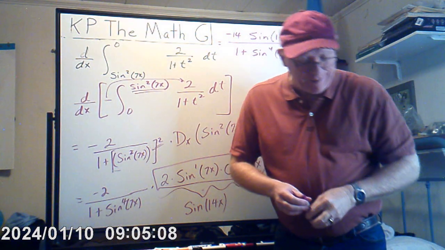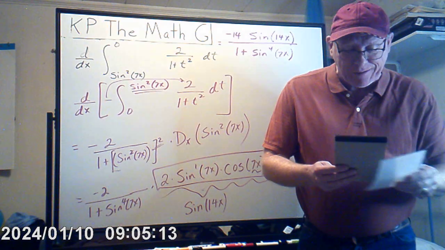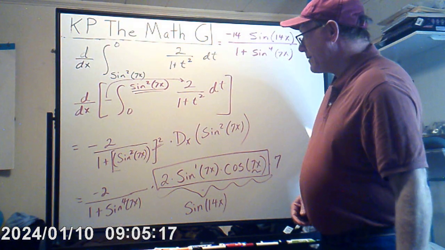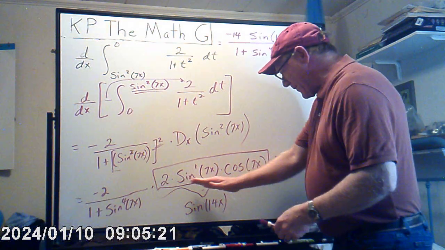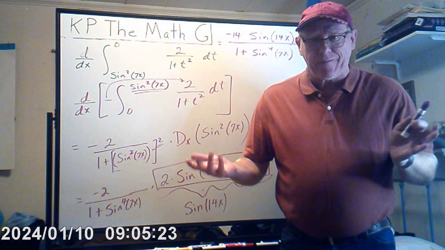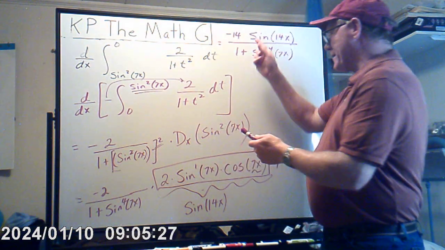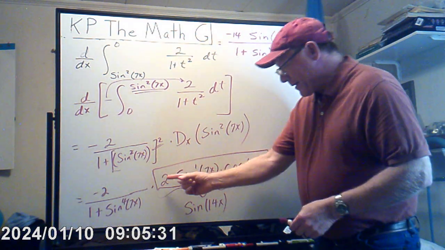Wow. I told you that would be quite a chunk, right? So really, even if you left it like this, at least you had the idea, right? If you didn't know to change this to sine 14x, at least you knew how to get down to this.